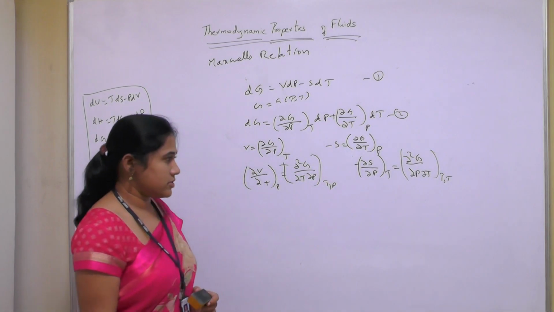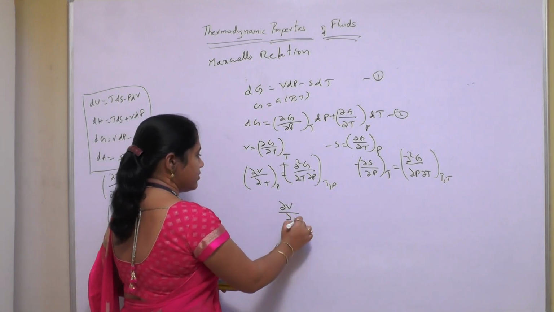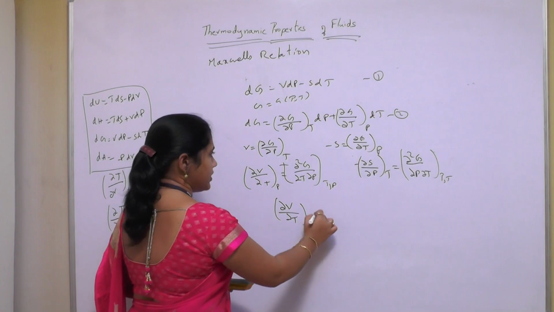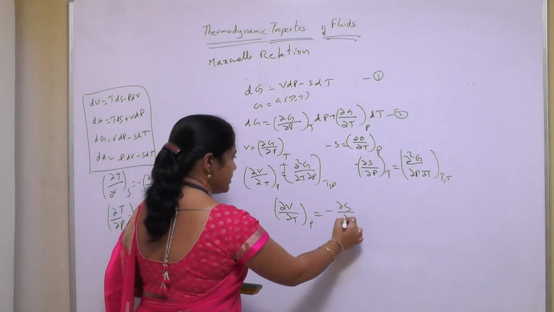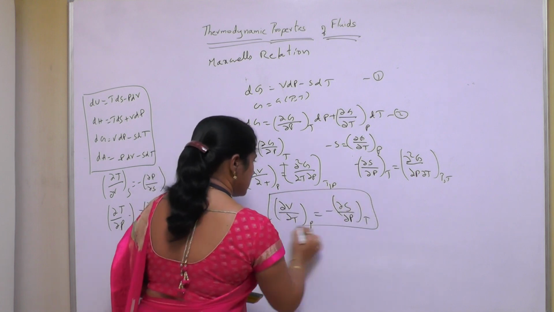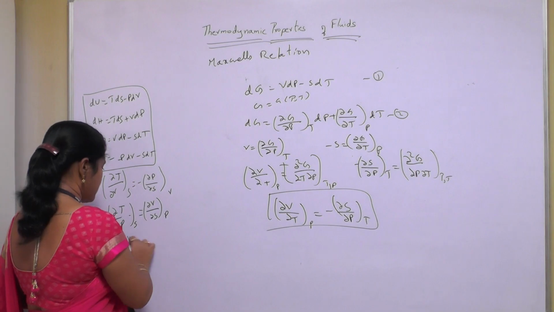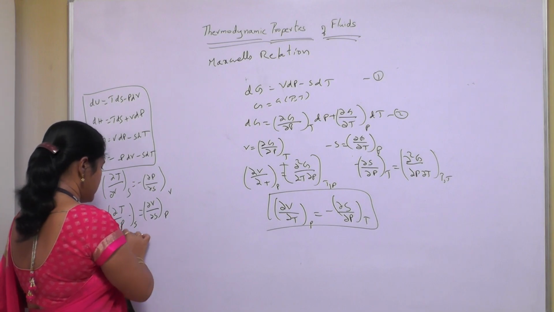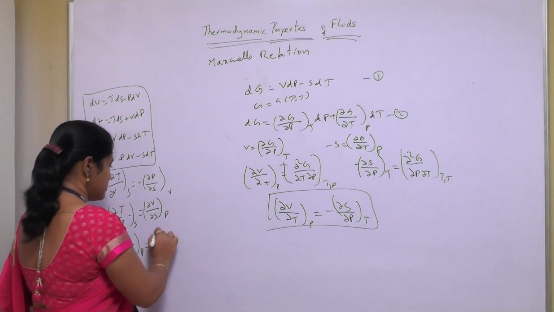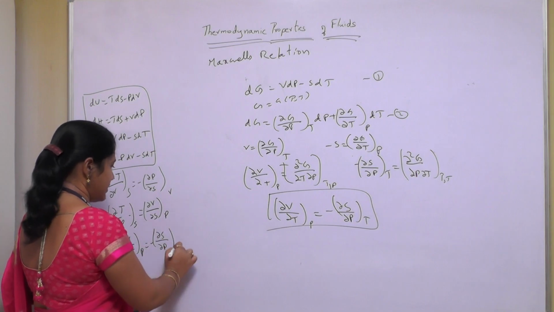Now equating these two, we get another relation: (∂V/∂T) at P equals minus (∂S/∂P) at T.